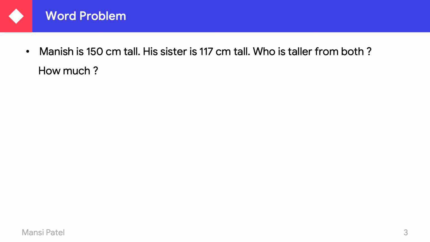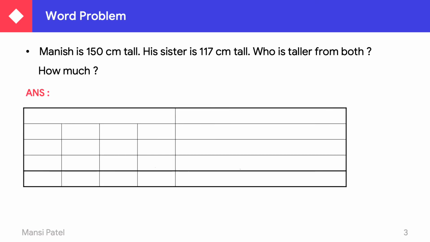So in this, you have to do the comparison. And as we know already, whenever we have to do the comparison, we have to do subtraction. And after that, they also asked by how much. You have to do the subtraction here. So let us see how.